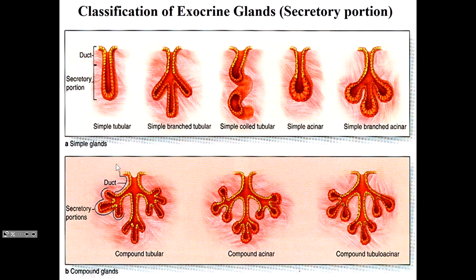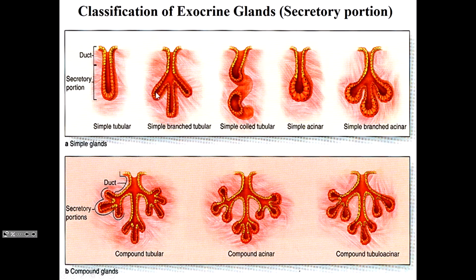Then we can further describe and classify exocrine glands based upon the secretory portion. So yellow is the duct, right? So simple, not branched, compound because down here they're branched. But then we can describe the secretory portion. If the secretory portion in orange is shaped like a tube, then it's tubular.